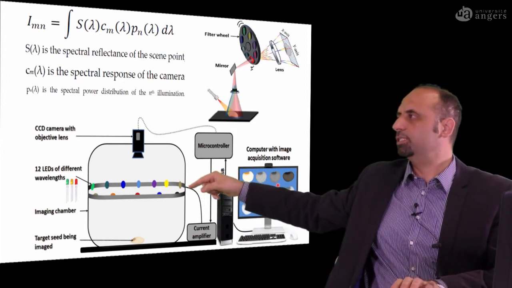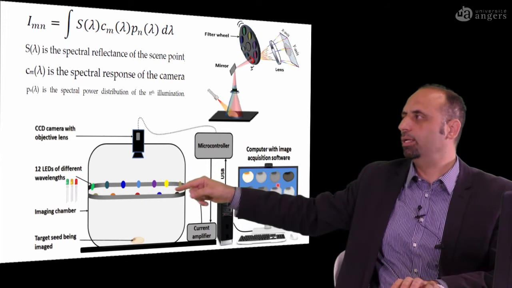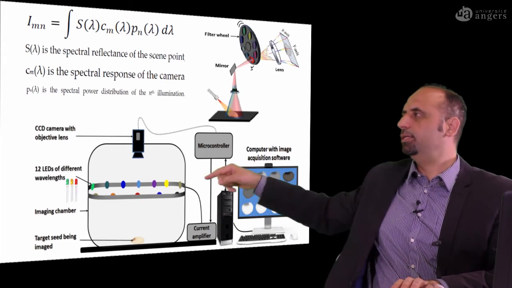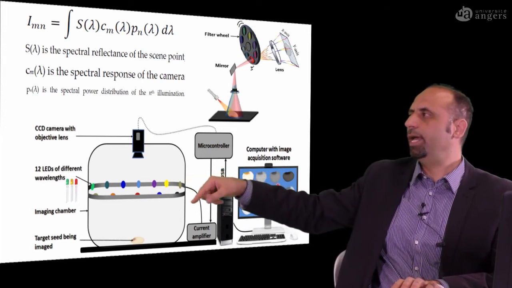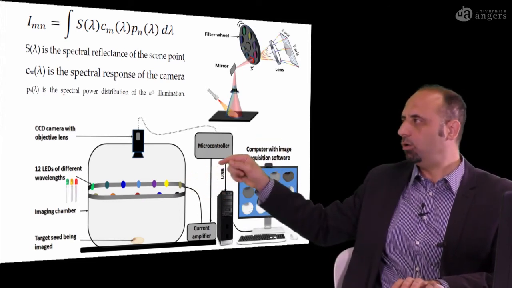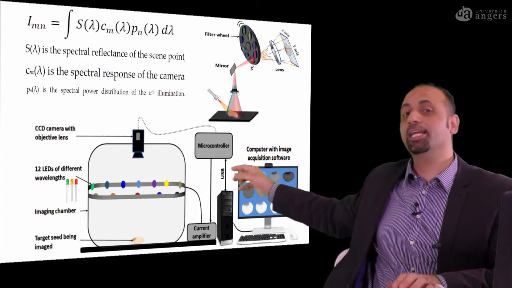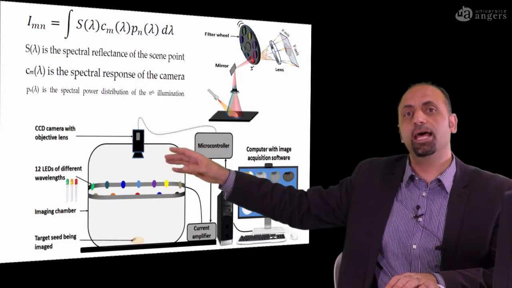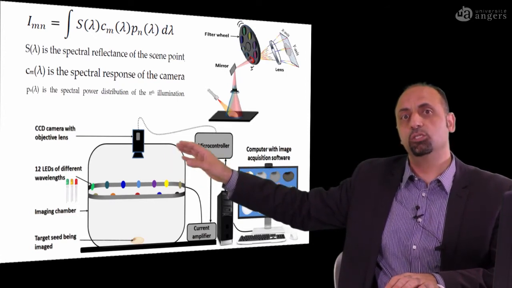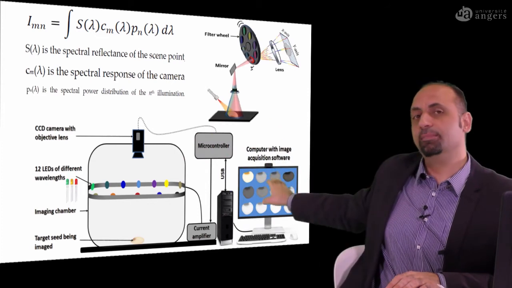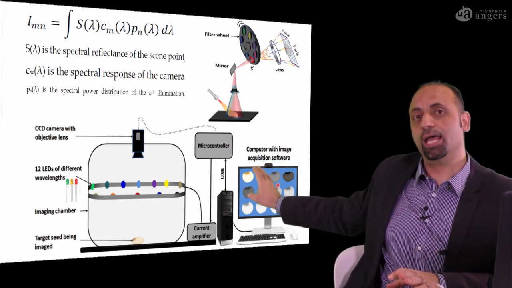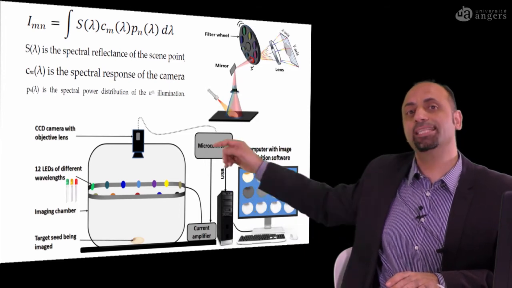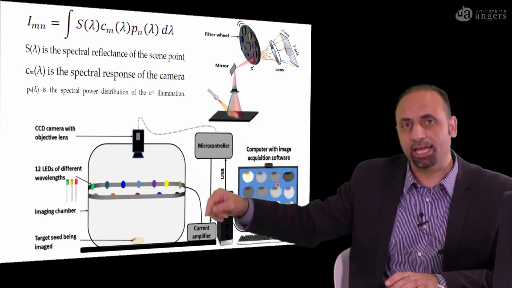Then switch this light off and switch the other one on, and acquire another image. Then switch this off and switch the next one on, and acquire an image. At the end, depending on how many lights at different wavelengths you have, you obtain a 2D image at each single light.